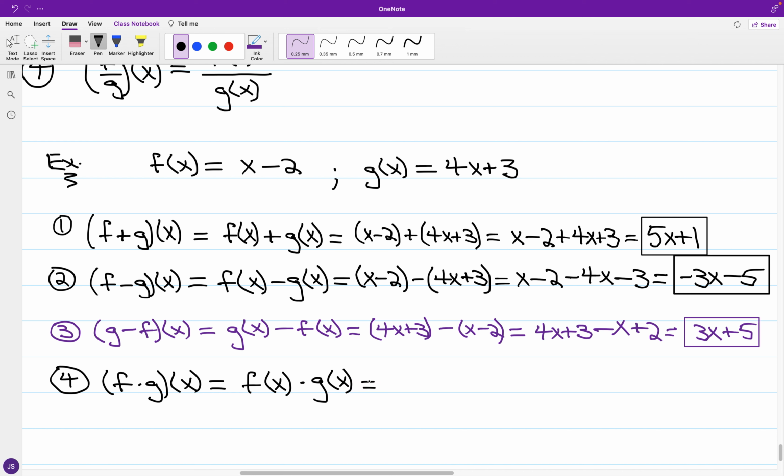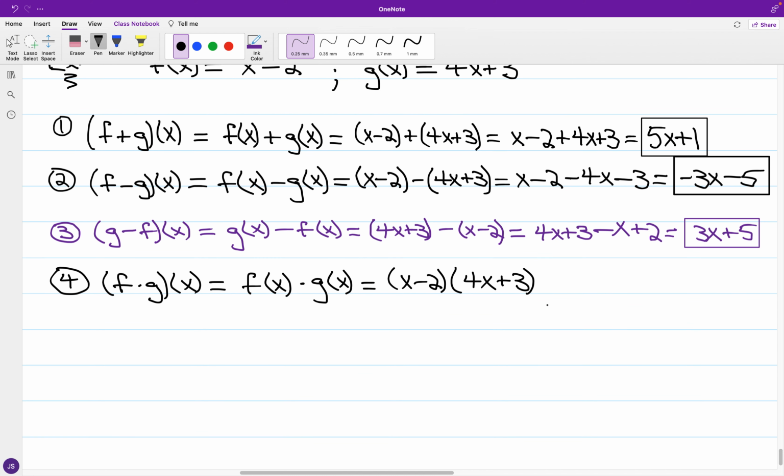So for f of x, I have x minus 2, and again I have times g of x, so I'm multiplying by the quantity of 4x plus 3. And what I can do here is just FOIL out the terms. So I'll just work down. The first product we have is x times 4x, so this will be 4x squared.